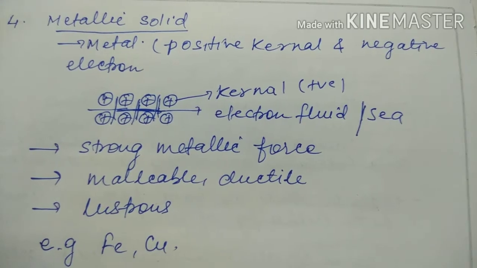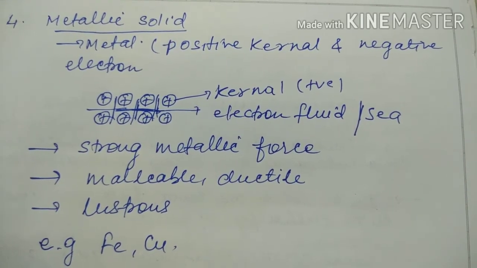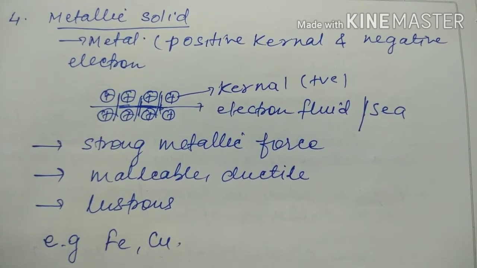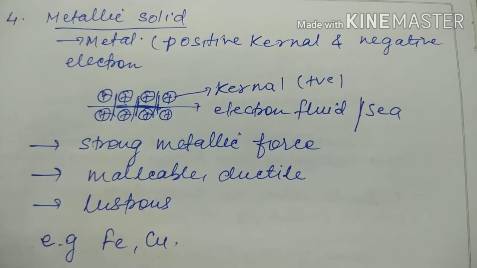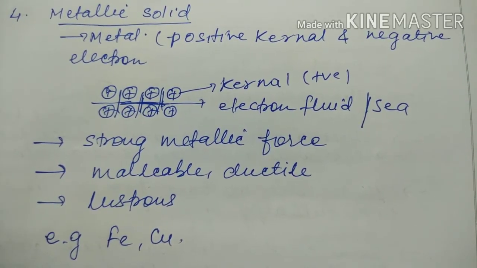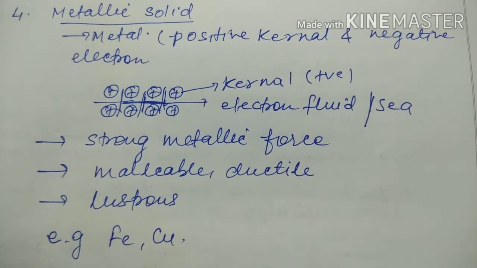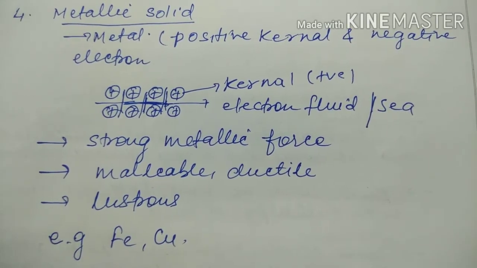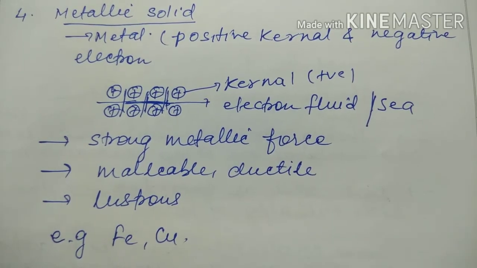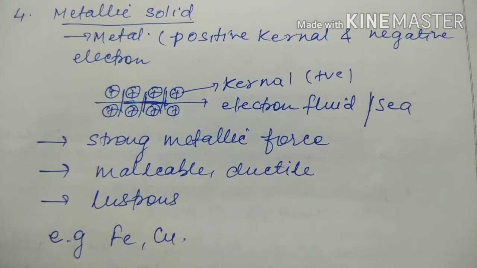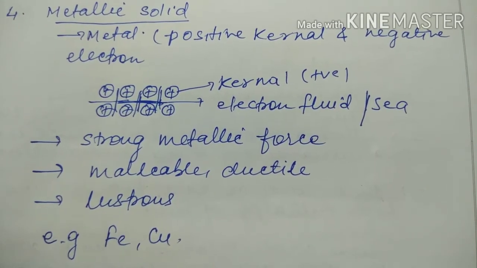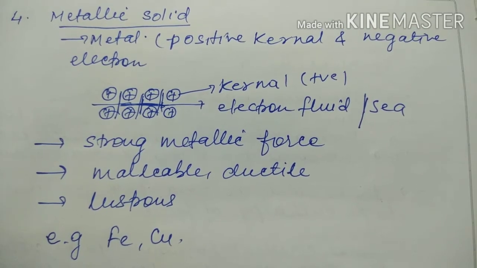So due to the high atomic radii, they easily release electrons and become positive. The positive part is called the kernel, and the released electrons are deposited in the interatomic space; these electrons are called electron fluid or electron sea. So positive kernels and negative electron fluid have a strong force, and this is called the strong metallic force.